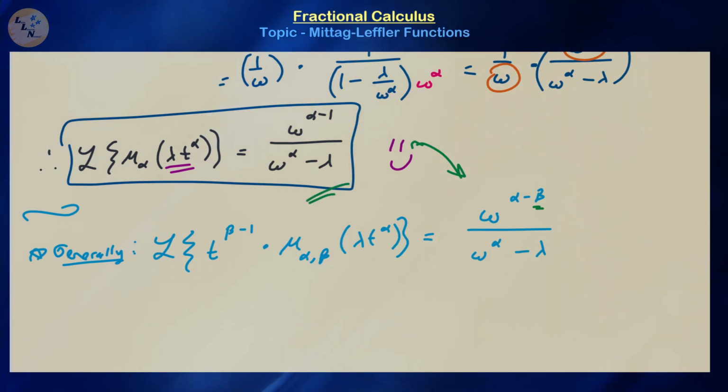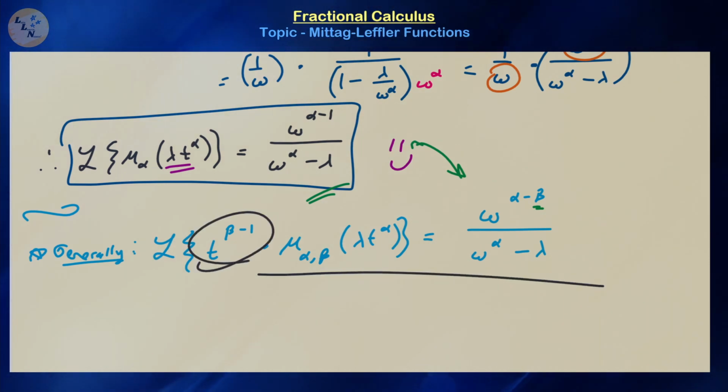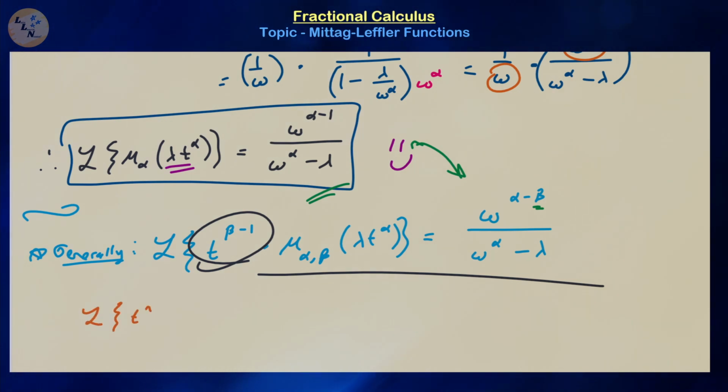Now, if you want to think about the meaning of this and why we multiply that expression by t, recall, if you studied the Laplace transform in the realm of differential equations, that the Laplace transform of t to the n times f of t is related to the derivatives of f.